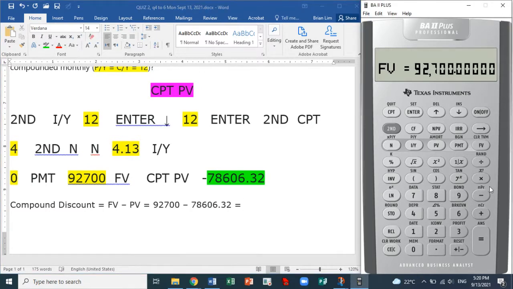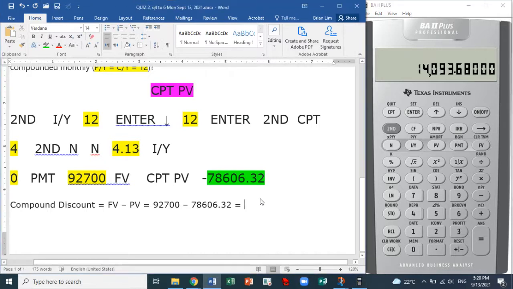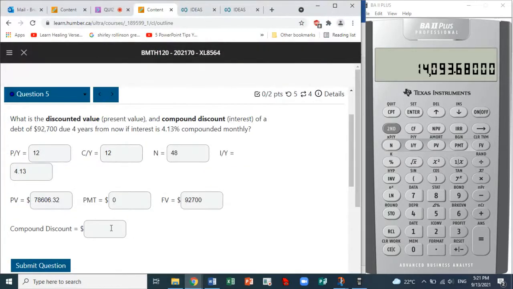So let's recall the future value, and then we subtract 78606.32, and the answer is 14093.68. All right, so this would be the other answer for the interest, sorry. Okay. All right, let's put that there, and so that is the compound discount. Yes, that's the word, compound discount.